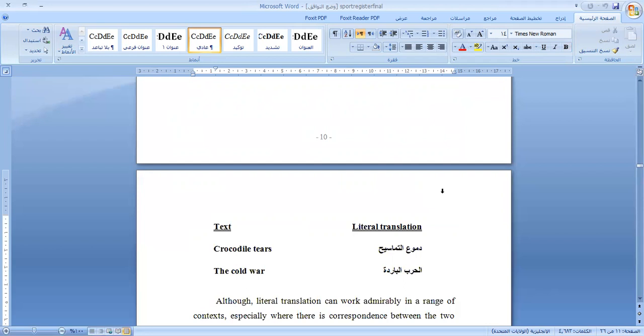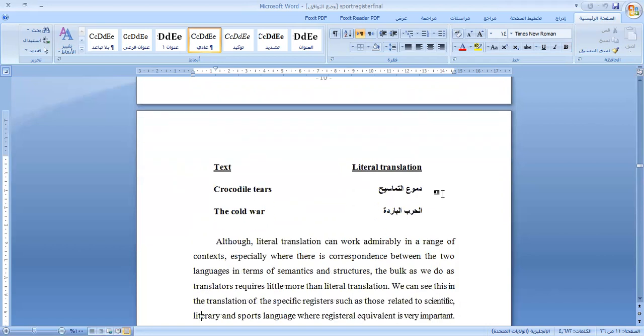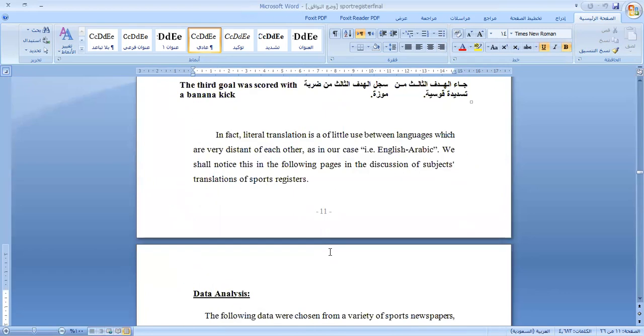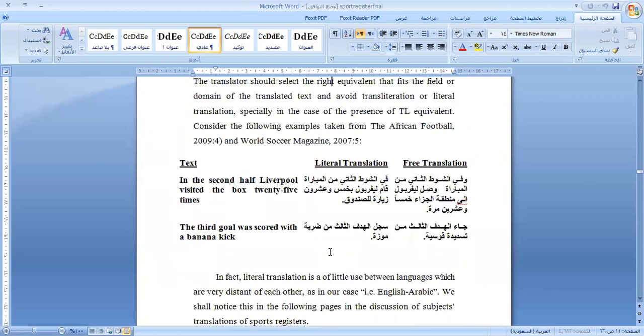The same expression is used in the target language, and it has the same or a similar meaning as in the source language. Thus, in this way, literal translation can be used, and it gives us an acceptable and correct translation. Now, look at this expression.